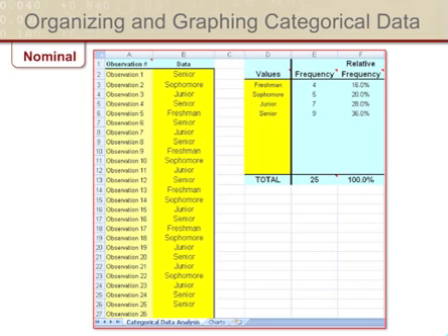So relatively speaking, is that a lot or a little? You wouldn't know that by just the frequency. But 4 students out of 25 is 16%. So now I can actually say 16% of my class is freshmen, 20% are sophomores, etc. Now that data has a lot more meaning. So by dividing by the sample size and computing the percent, that relative frequency tells us a little bit more information than just the raw frequency tells us.